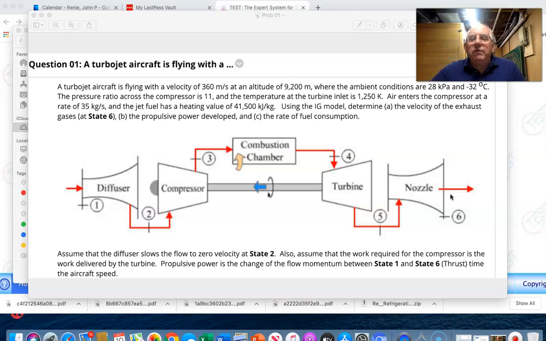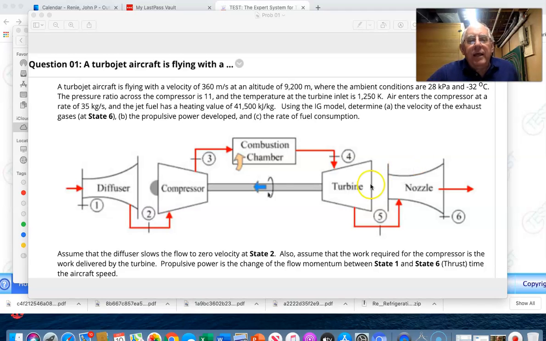Once we obtain the velocity at state 6, we'll then be able to determine the change in the flow momentum, which is just the m dot times the change in the velocity between state 6 and state 1. State 1 is at 360. That's going to give us the thrust, and then when we multiply that thrust times the aircraft speed, which is the 360, that is going to give us the power.